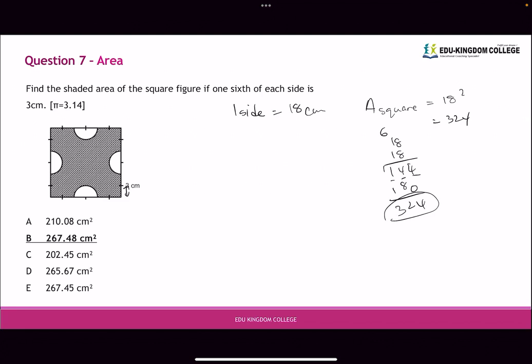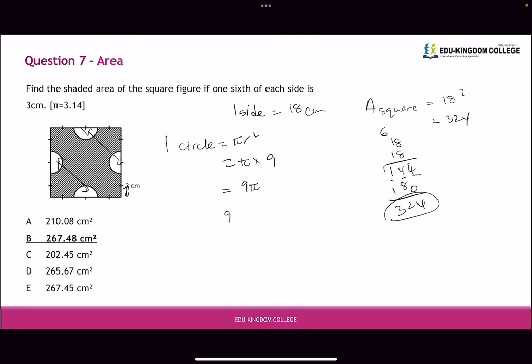Now let's find the area of the circles, and then we need to subtract them. One circle equals pi r squared. So we have 2 circles in total, right? If we add these together. So pi r squared, the radius is 3, so pi times 9 equals 9 pi, and then pi is 3.14.